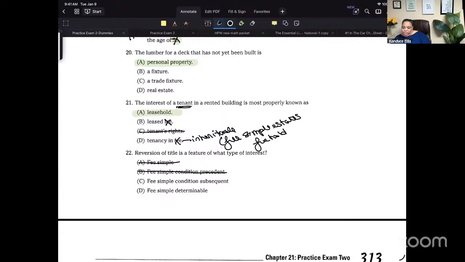So it's not B. Now I'm down between fee simple condition subsequent and fee simple determinable. Well, we know both of these are going to be our defeasible estates. This one ends automatically. And this one, the person has to go to court.